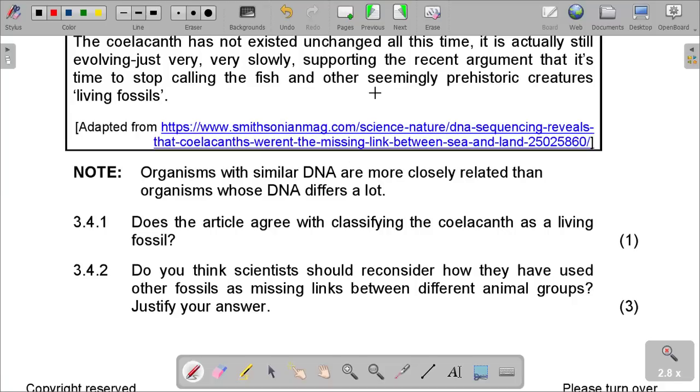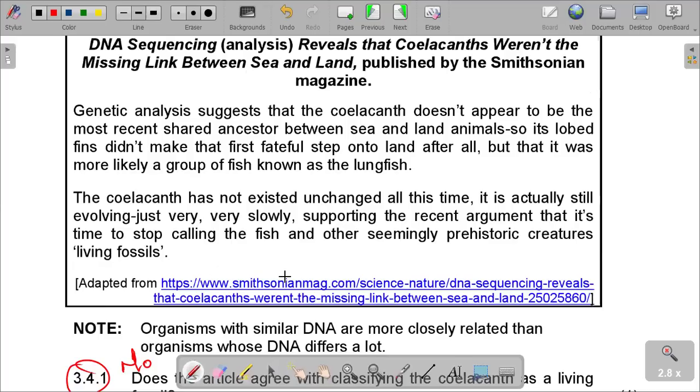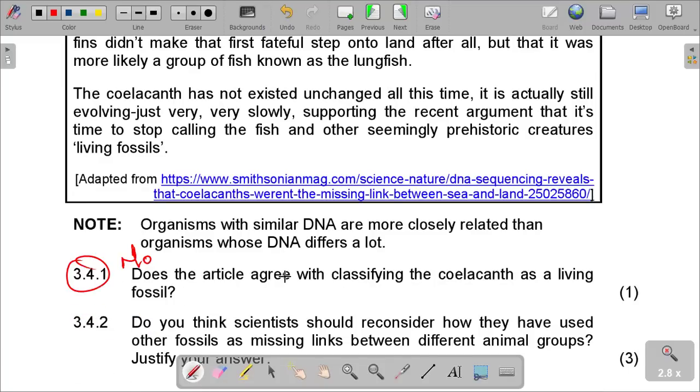Obviously, as you can see, the passage does not. It's a no on this question. The comprehension does not agree with classifying this as a living fossil. It really nullifies that there is such a thing.